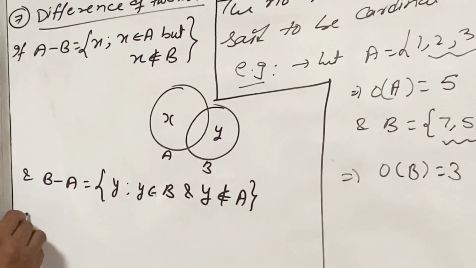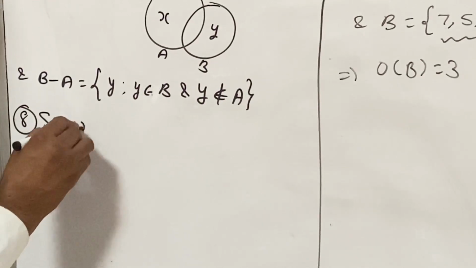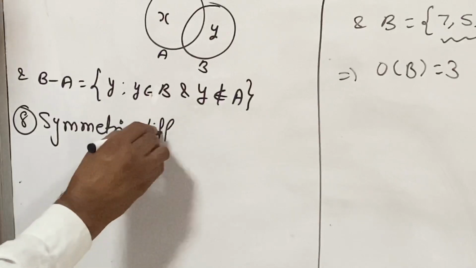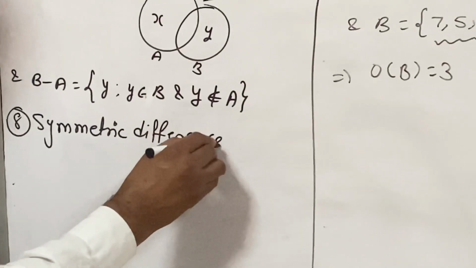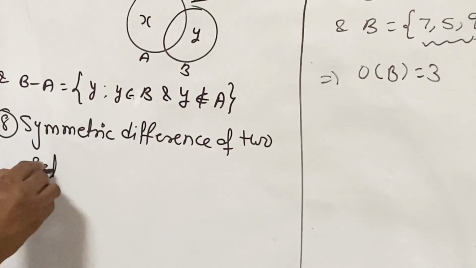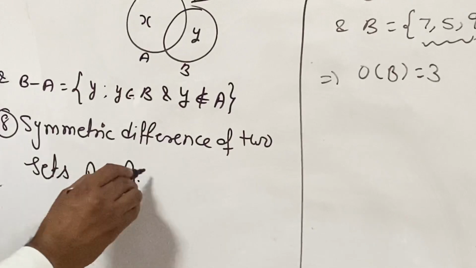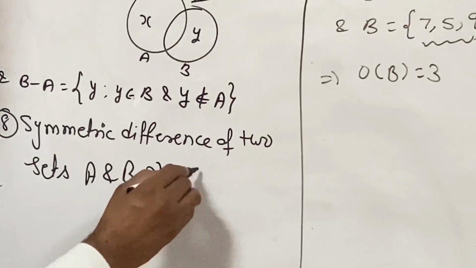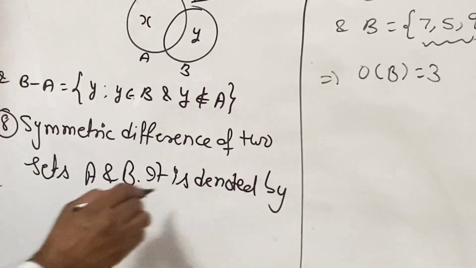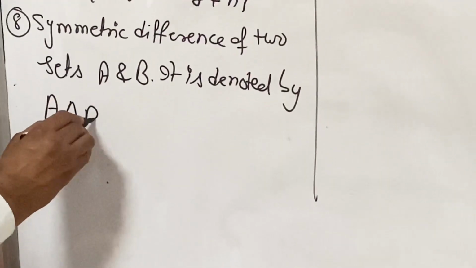Then symmetric difference of two sets A and B. It is denoted by A delta B. This is delta.